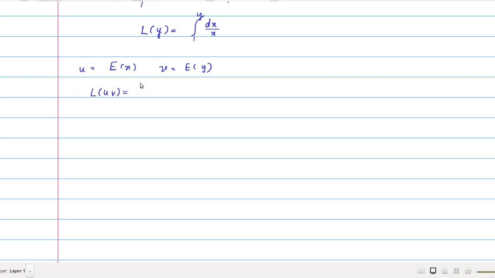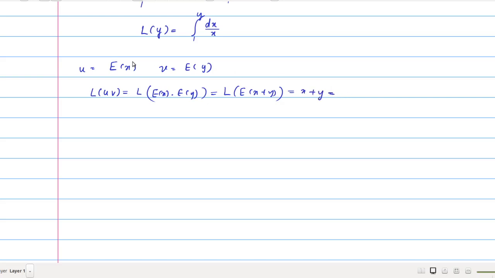That is L of E of x into E of y. From this we can write L of E of x plus y, because by the property of E you can write it like this. And when you apply the inverse function L, this will be x plus y. Okay, so what is x?